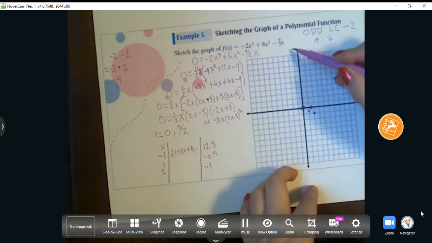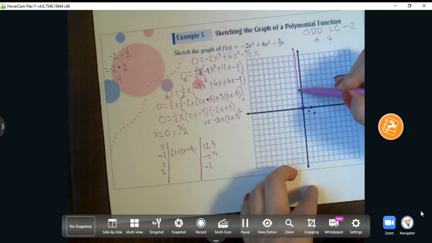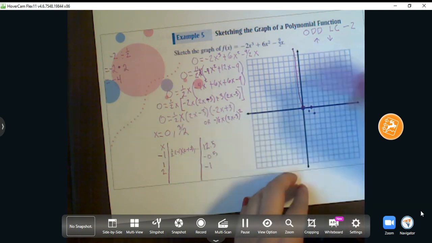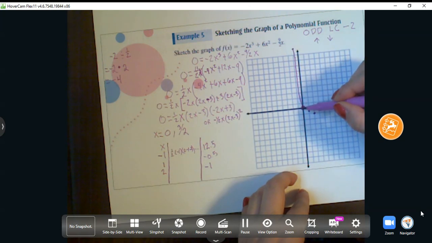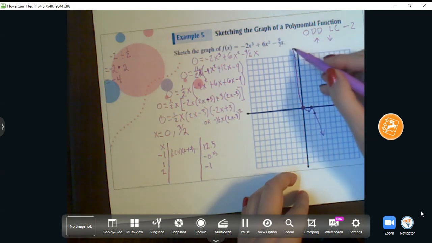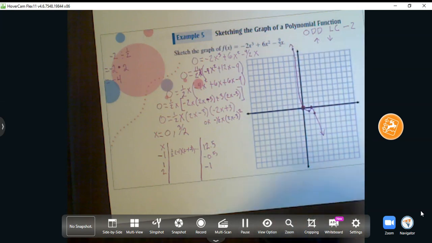So on our left side, we're going to come down. We're going to go through our 0 because it has a multiplicity of 1. I'm going to come through my point here, go back up, touch it, and then come back down and end pointing down.